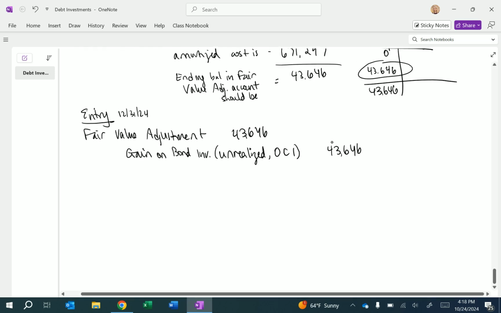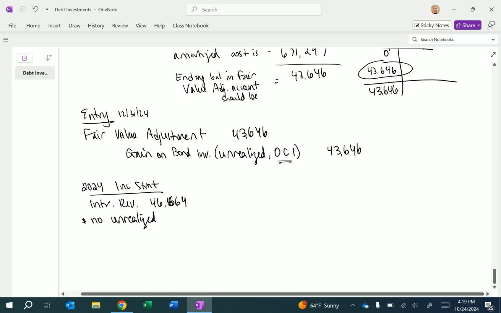So when we look at the financial statements at 12/31, we'd have the 2024 income statement. We purchased the security on June 30th or July 1st. We got interest revenue at year end. Our first interest revenue was recorded, 46,664. This is the same amount we used earlier. And we have no unrealized gain. And if you're thinking, what are you talking about? We just recorded an unrealized gain.